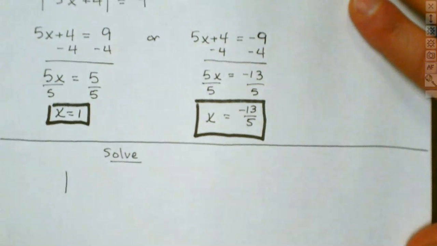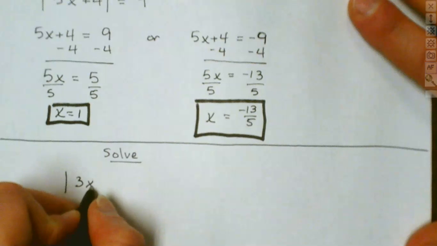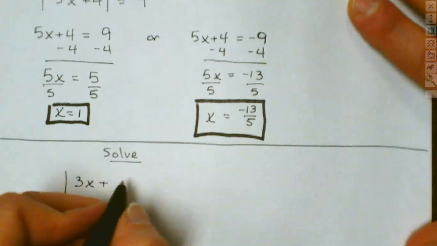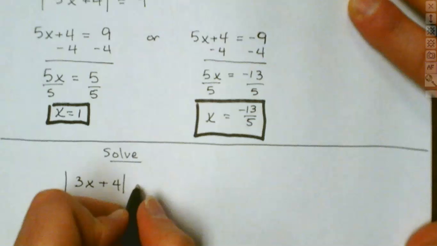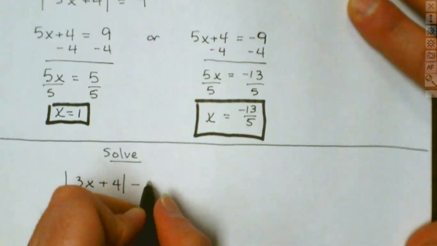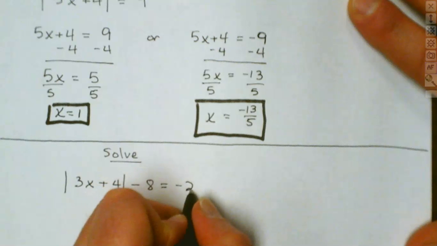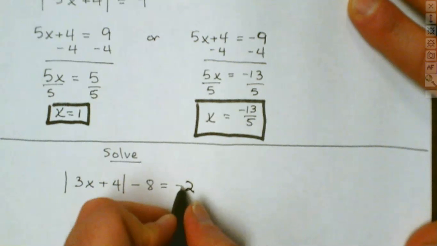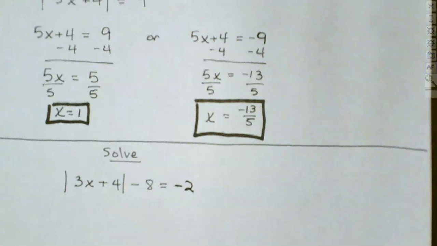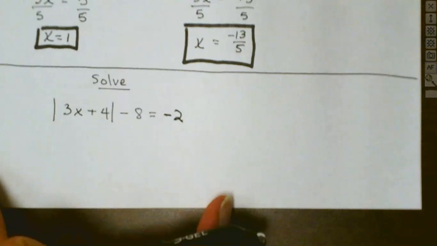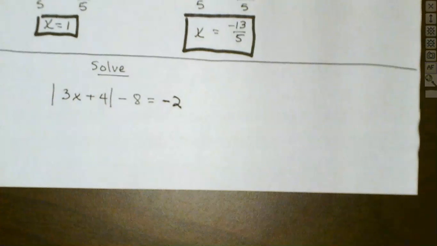Now we're going to work with this one. It's a little bit different here. This one's a little bit different because when I solve this one, I have to have the absolute value by itself on the left.